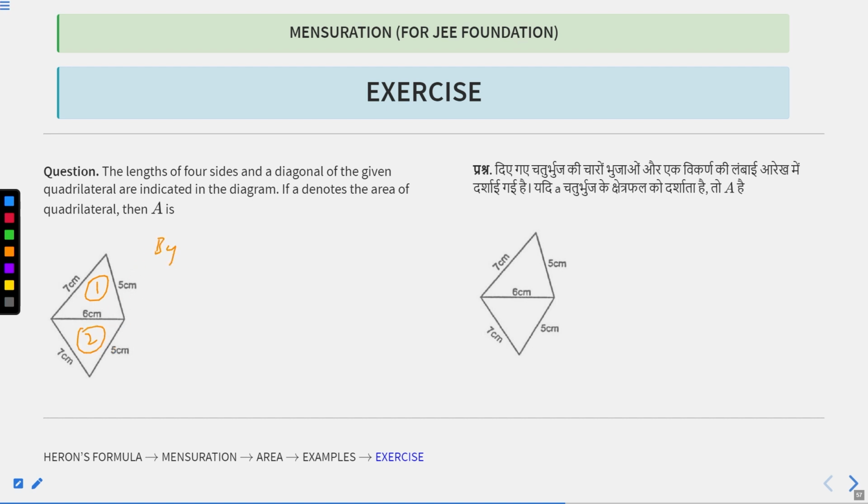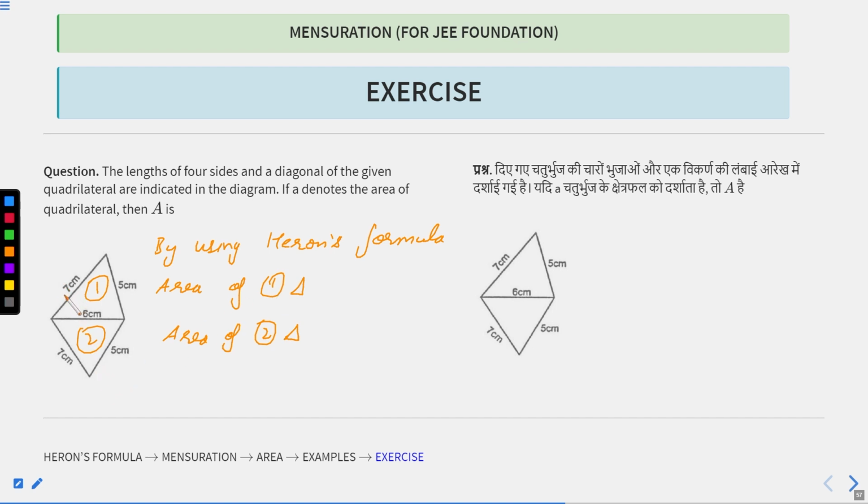By using Heron's formula, I can easily find the area of the first triangle and the area of the second triangle.